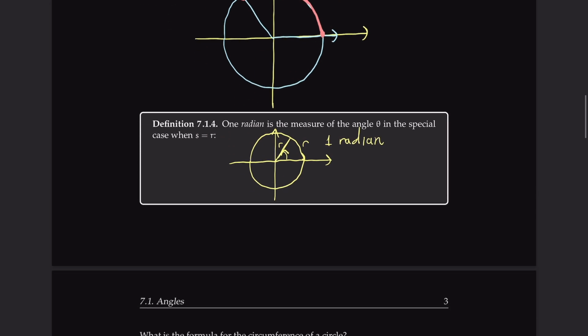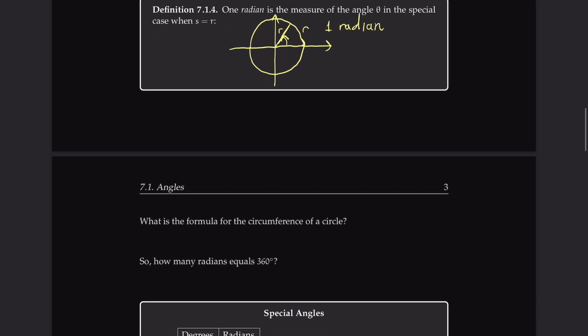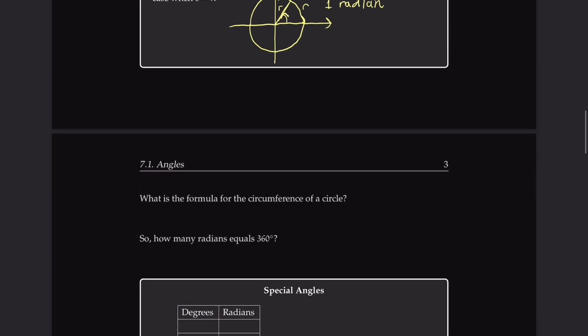Now, we're going to learn a little bit about how we can convert back and forth from these radian angle measures to degrees, and the other way around, from degrees to radians. And to do that, we need to remember what the formula is for the circumference of a circle. So recall, if you measure all the way around a circle, that length is actually measured in terms of the length of the radius, right?